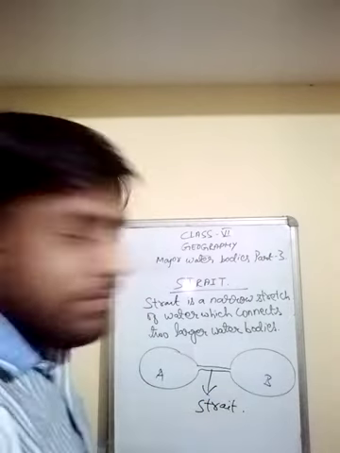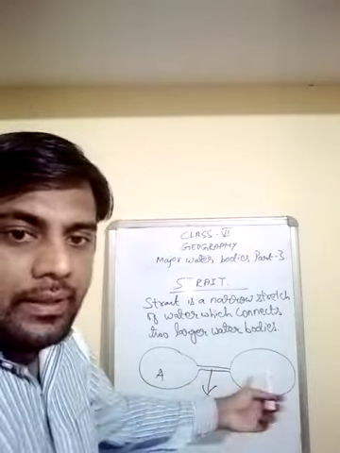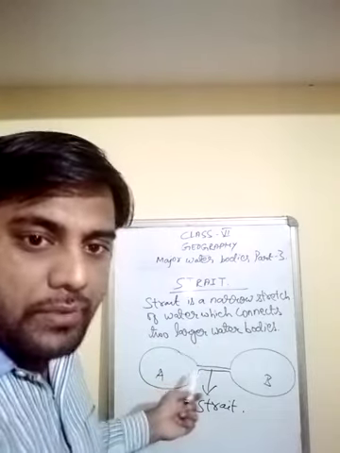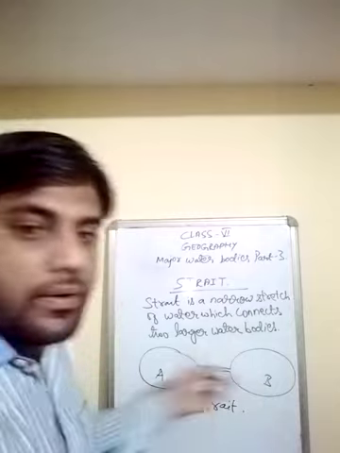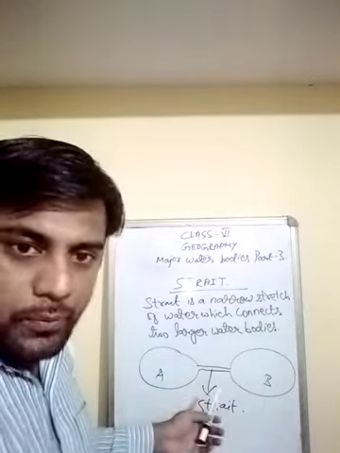Understood? This is me putting it in simpler terms. Suppose there are two larger water bodies A and B, and there is a narrow stretch of water in between which is connecting these two water bodies, then that narrow stretch of water is known as strait. I hope you understand it.